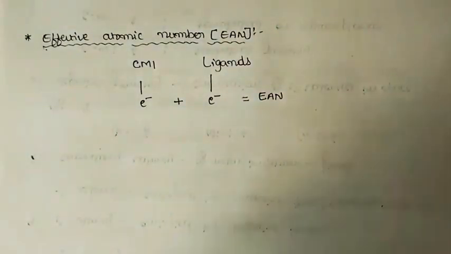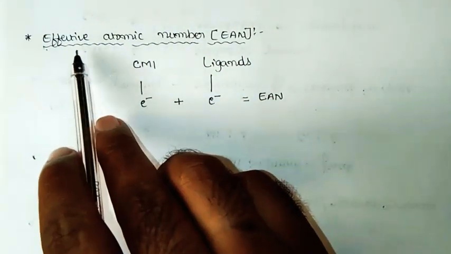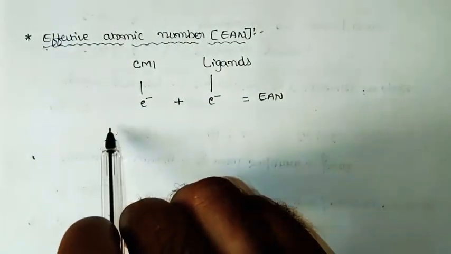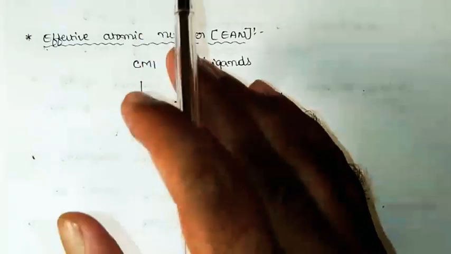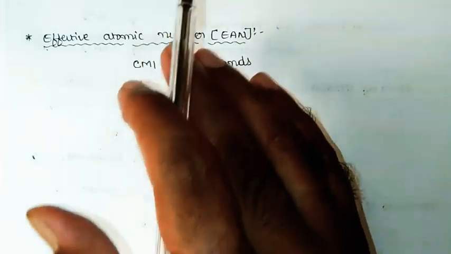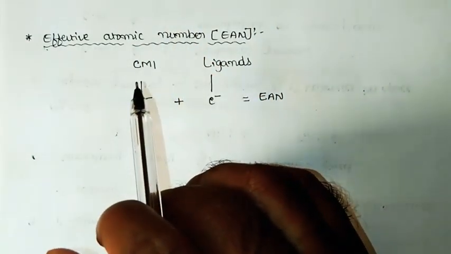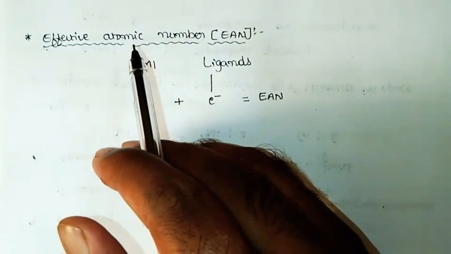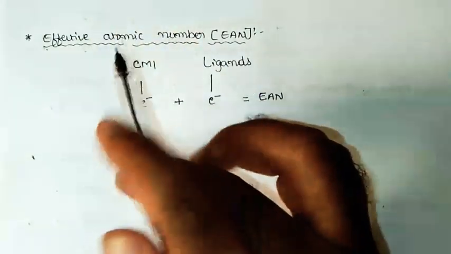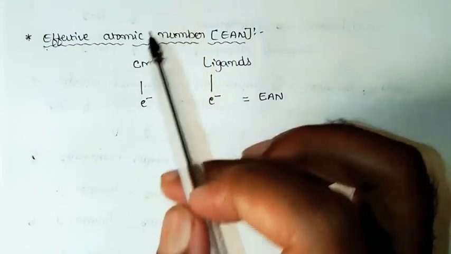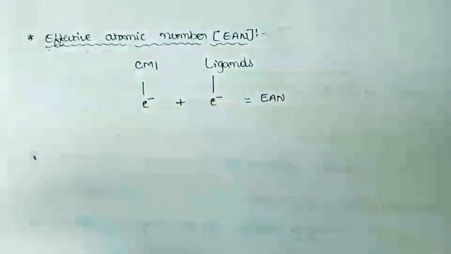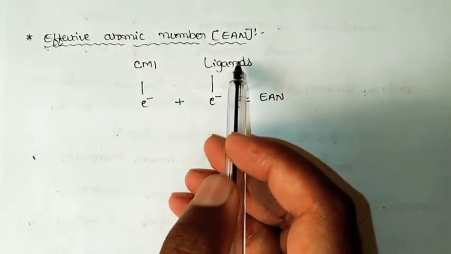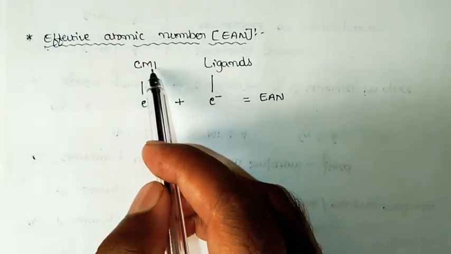And why did this concept of effective atomic number arise? In Werner's theory, we said each central metal ion will have a fixed secondary valency, that means the coordination number of the central metal ion will be fixed. So why is it fixed? To solve that doubt, effective atomic number gives much support for Werner's theory. To a particular central metal ion, ligands will be continuously added.